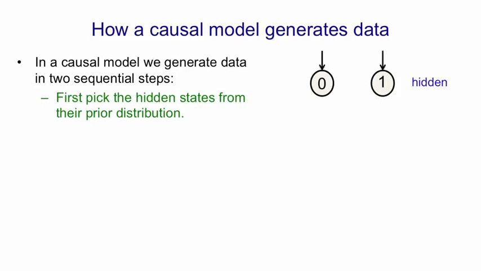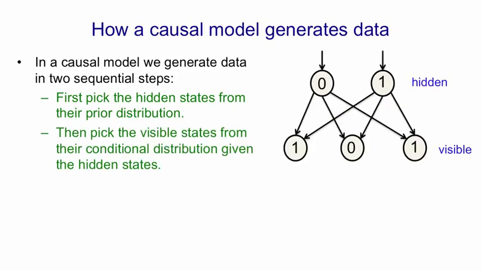Often in a causal model, these will be independent in the prior, so their probability of turning on, if they were binary latent variables, would just depend on some bias that each one of them has. Then, once we've picked a state for those, we would use those to generate the states of the visible units by using weighted connections in this model. So this is a kind of neural network causal generative model.